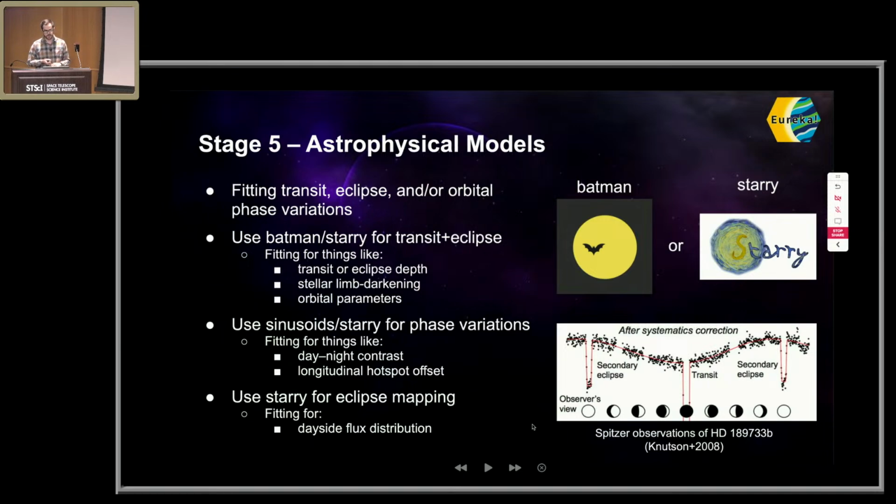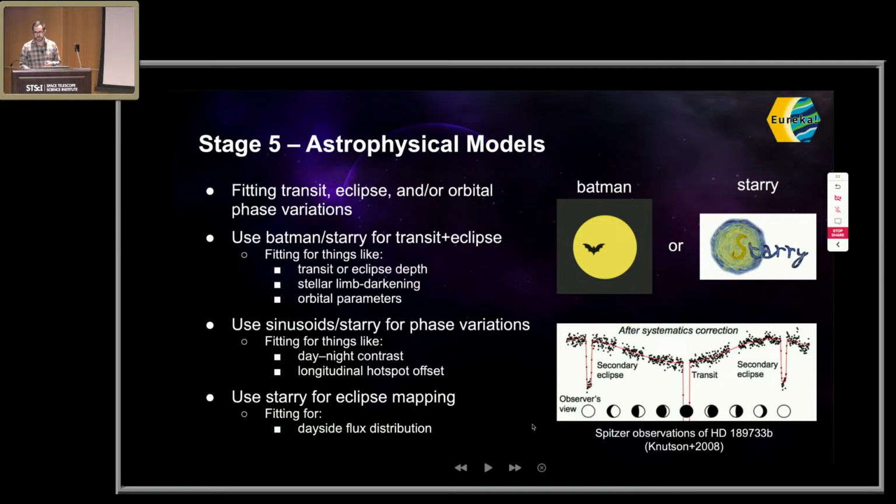To measure phase variations, you can either use the Starry package, which uses spherical harmonics across the face of the planet, or you can use just simple Fourier decomposition of sines and cosines. You can use these to measure things like day-night temperature contrast, the offset of the planet's hotspot.